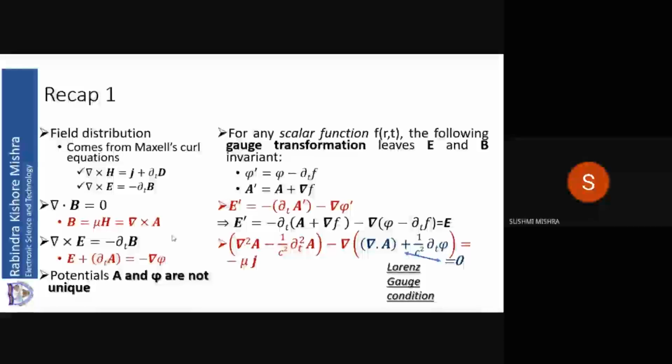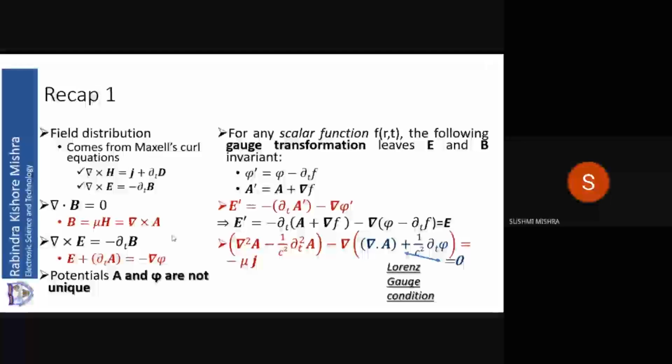It can be a vector wave field or a scalar wave field. Now if it behaves like a wave, it satisfies the wave equation. The wave equation is the first part: del square A minus 1 upon c square, second derivative with respect to time of A is equal to 0. If I put J equal to 0, current equal to 0, then that should be 0.